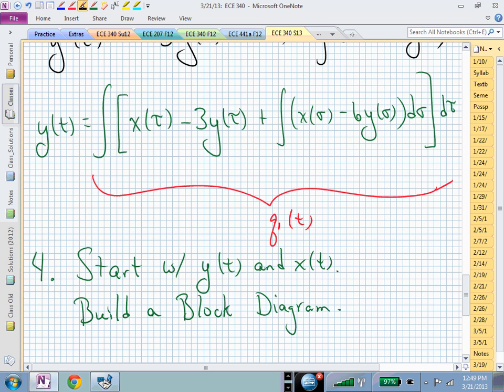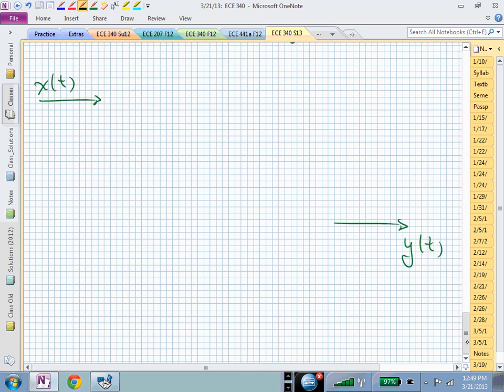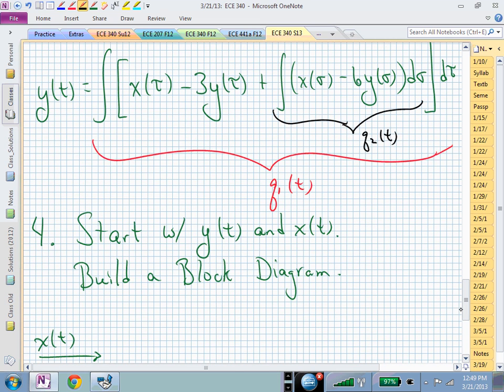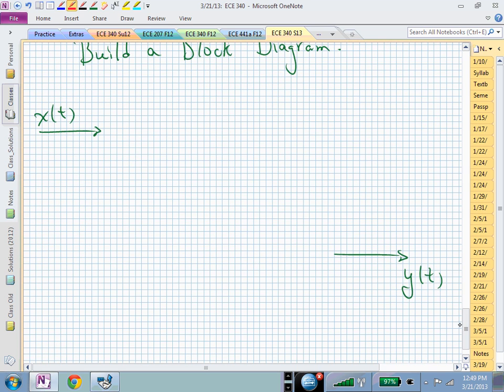Meaning now I can come in here and say that this piece right here is q sub 2. What have I done? I'm basically saying y is q sub 1, aren't I? This is now q sub 1 of t. But q sub 1 is actually coming right out of an integrator.